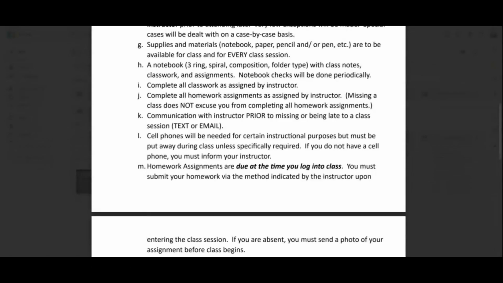And when you get caught, you've got to make up all of that work. What typically happens is it's so much that you can't get it all done in the time period that I give you, and you end up getting dropped from class. Okay, so homework is a requirement. It is not an option.